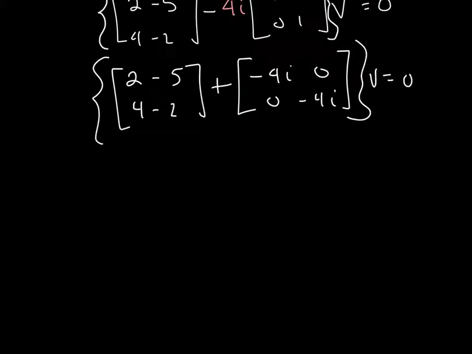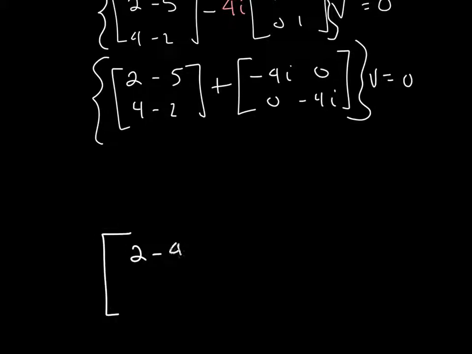So now our goal is to find our eigenvector. These are complex numbers, and the unknown here is our v. Just to save some steps, I'm going to write it again.